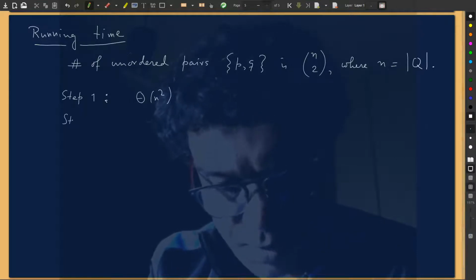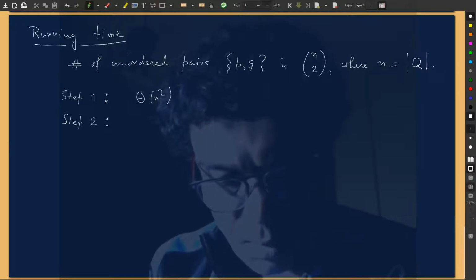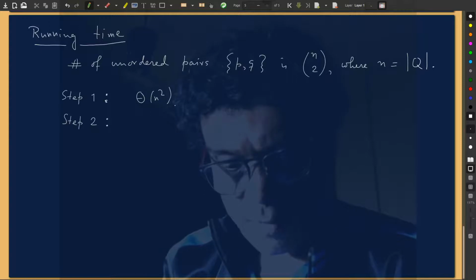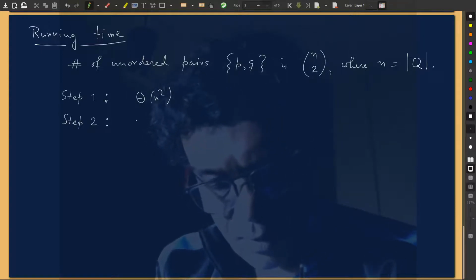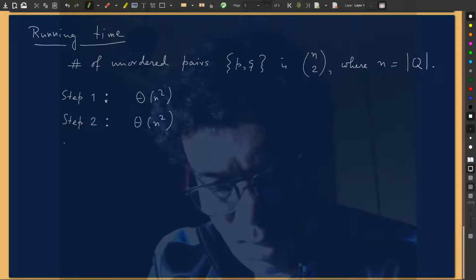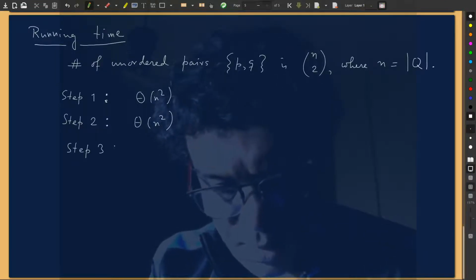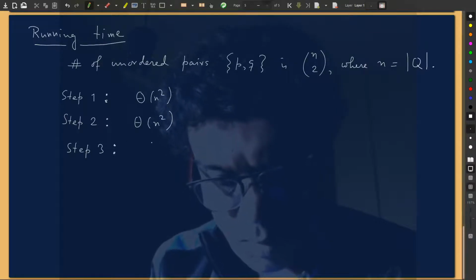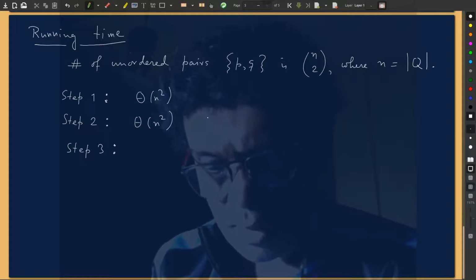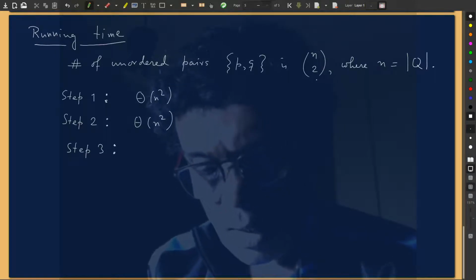And step 2, which is the actual initialization, that is marking final and non-final pairs. This can also be done in theta n square time. And step 3, in each iteration you mark at least one unmarked thing, and this is the total number of pairs.